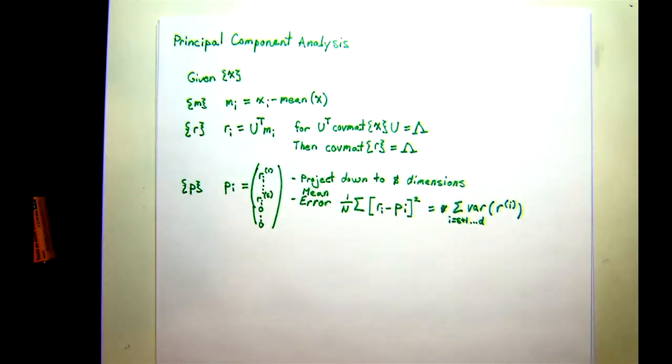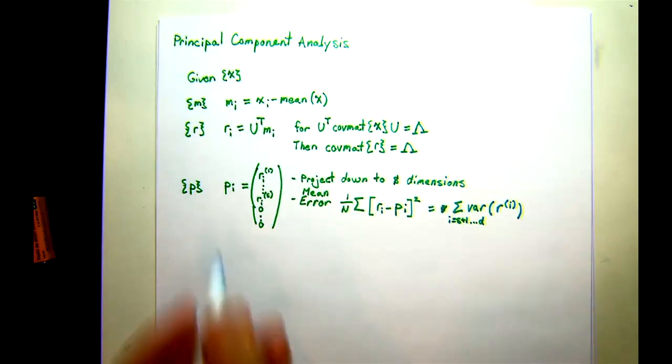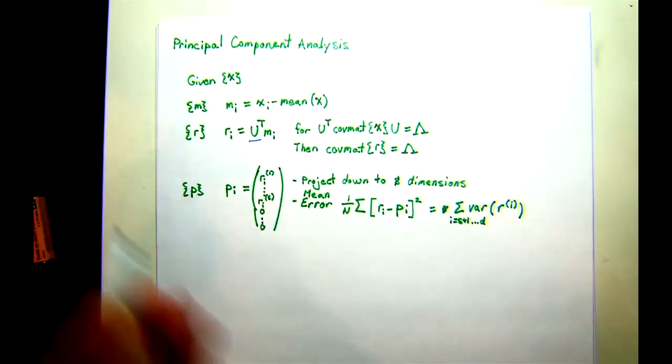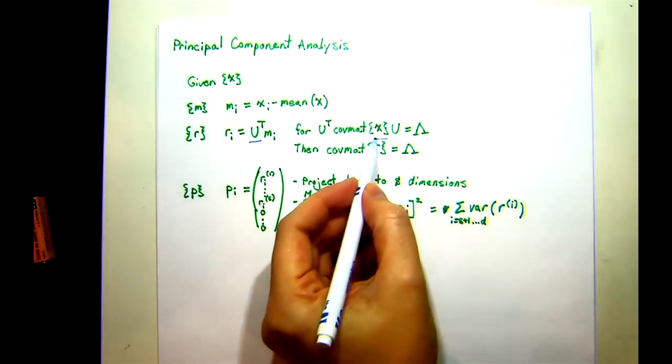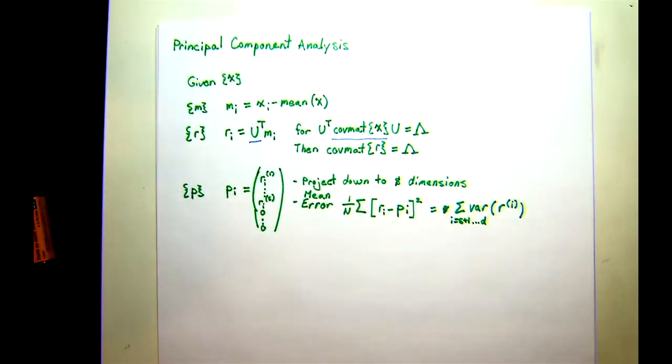Super easy. The next thing is we apply that rotation to get a covariance of 0 among all the different dimensions. We figure out this U transpose matrix by doing the eigenvalue decomposition of the covariance matrix.